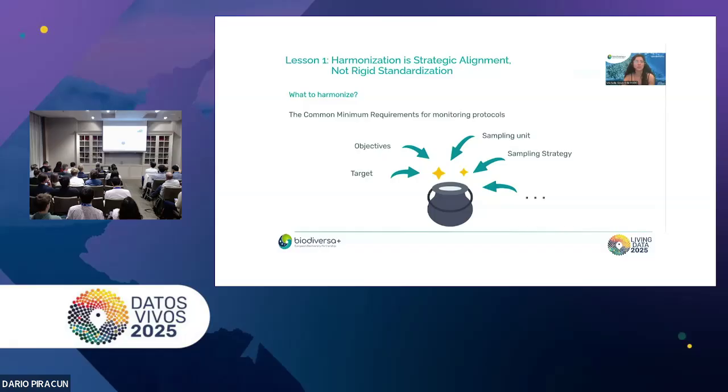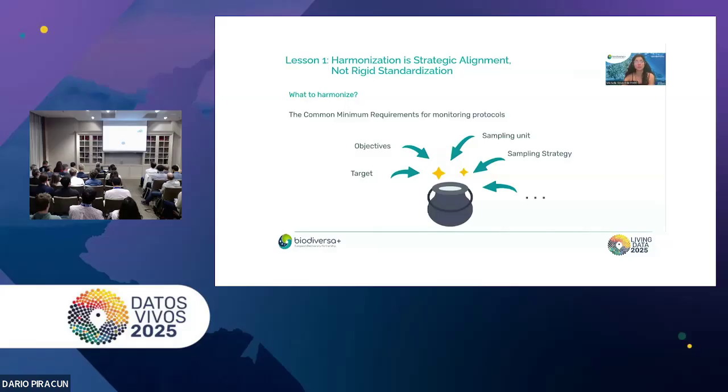We would focus on identifying which elements must be aligned across protocols because they affect data integration and statistical robustness, and which of these elements of the protocols can remain more flexible to allow more local adaptation. So each element can be classified as strict, that must be strictly harmonized, or as flexible, that can vary as long as it's transparent and well documented throughout the whole process, of course.